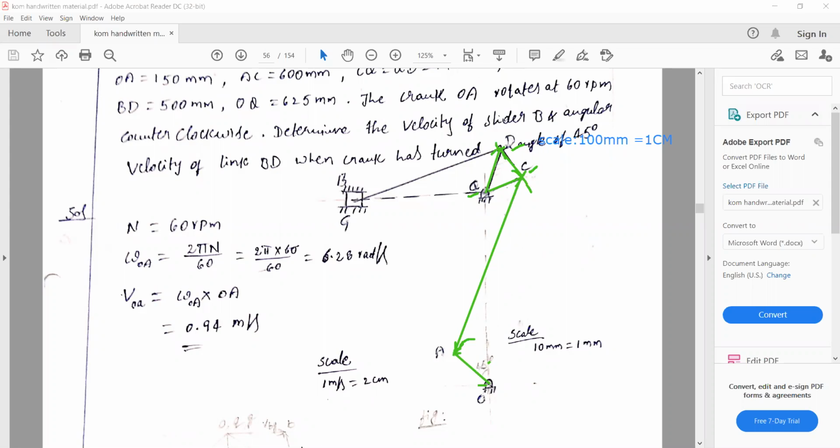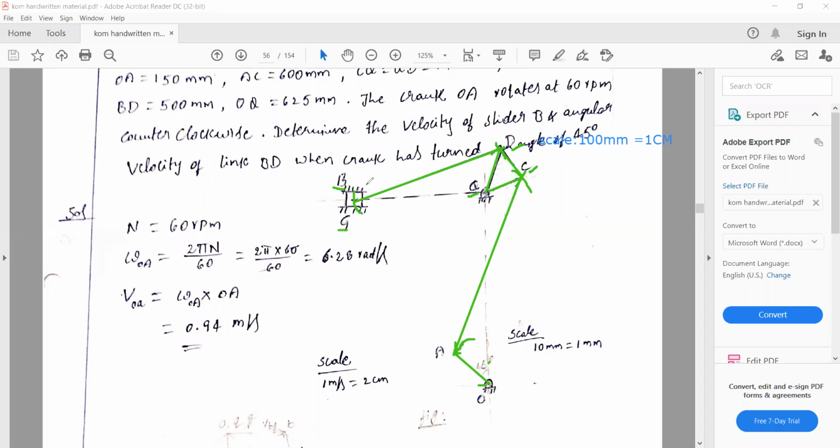And now B. DB is there. DB is 500 mm. Now take the compass and arrange the distance of 5 centimeter length and cut the arc on our horizontal line. Then we identify B. And the guides are there.